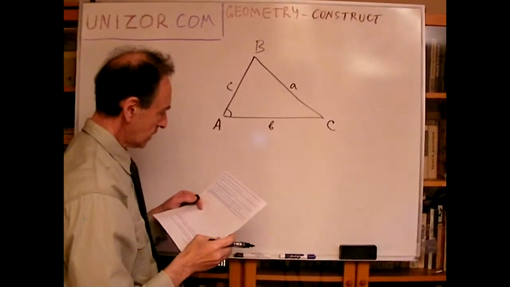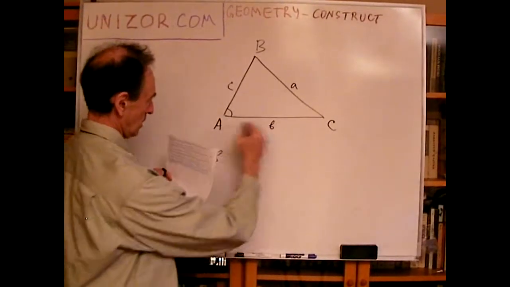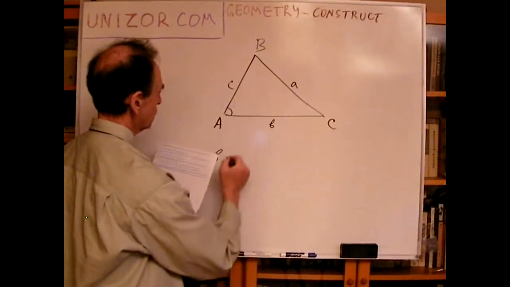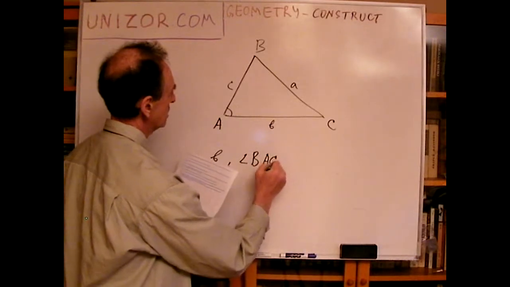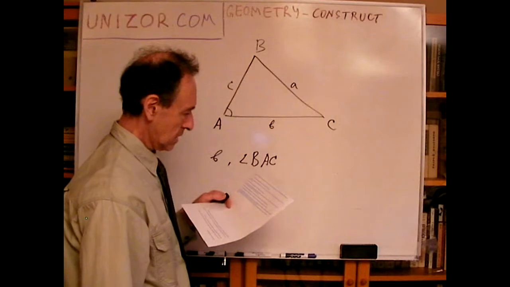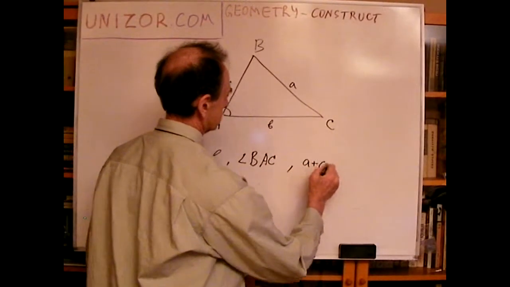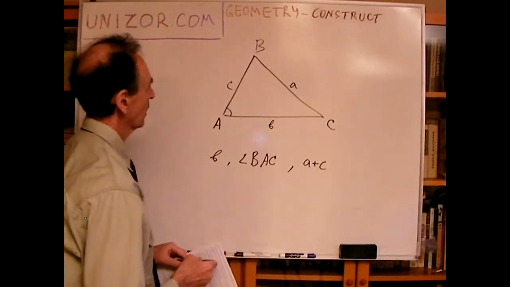So construct a triangle by a side, let's say it's B, this side, an angle it makes with another side, which is angle BAC, and a sum of two other sides, A plus C. Okay, so these three elements are given for a triangle.